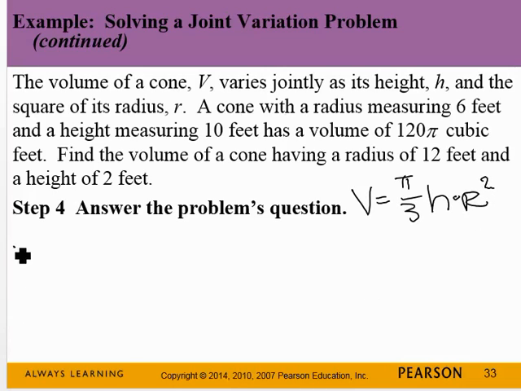It says find the volume, so we're looking for volume. The constant's always there. The radius is 12 and the height is 2. So now we just solve.